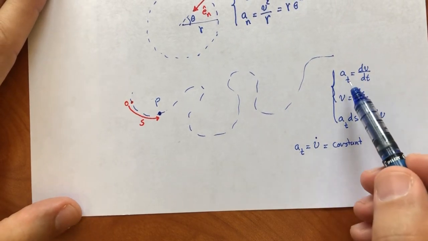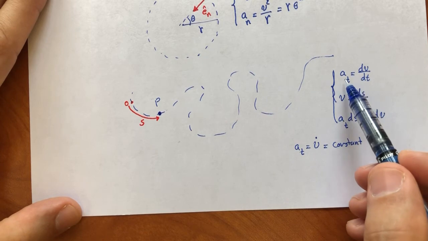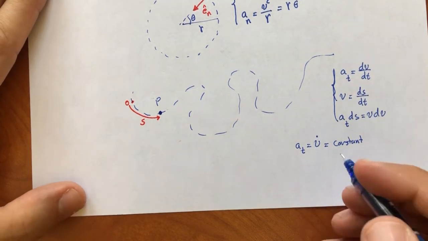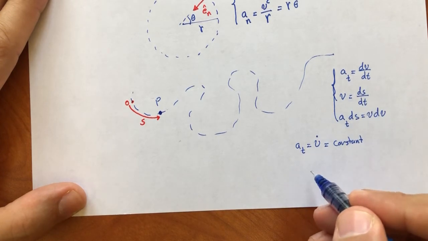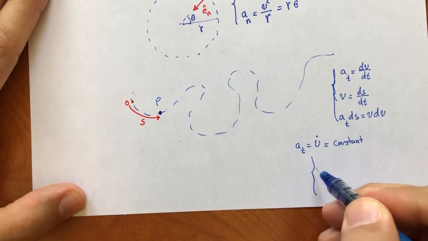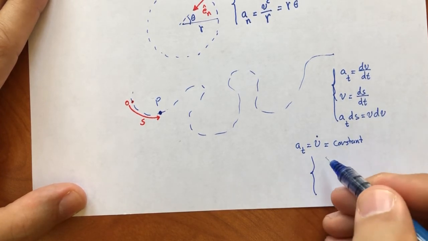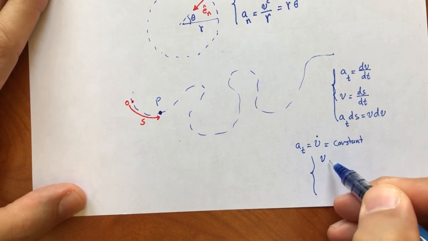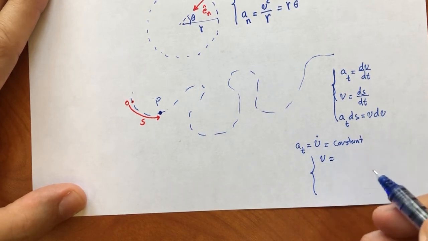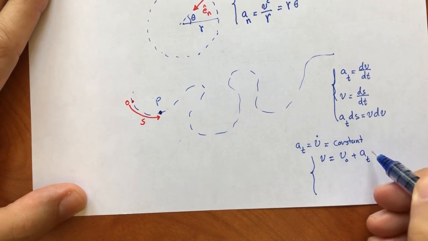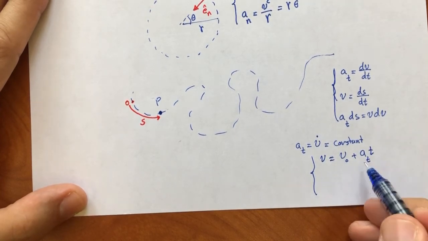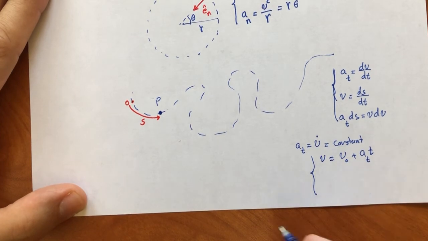The only difference is acceleration in those equations is going to be replaced with at. So if v dot is constant, and if I integrate this, again, I'm going to recover these equations. Velocity, or speed, more accurately, is going to be the initial velocity plus at times t, or v dot times t, right?